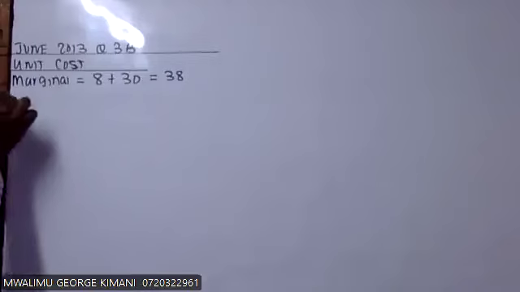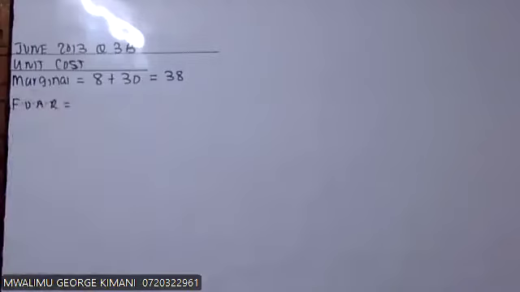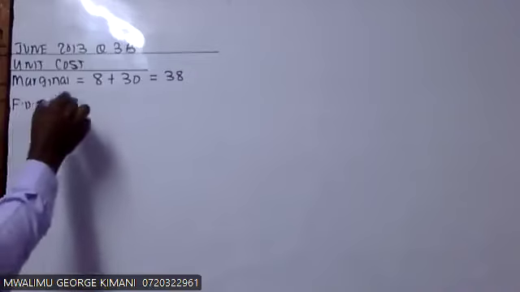Then we look for the fixed overhead absorption rate. The fixed overhead absorption rate, we are going to get it from information 1 and 2, where we are told that the budget fixed production overheads per annum amount to 7.2 million.